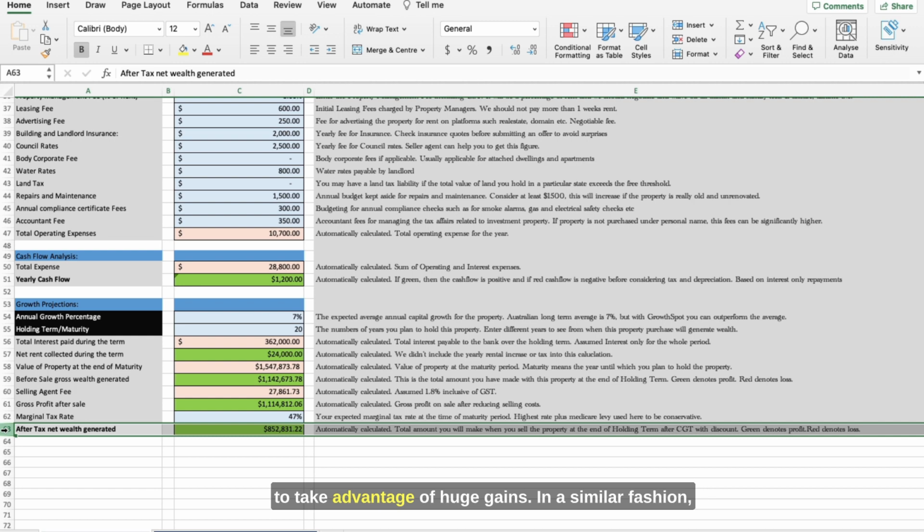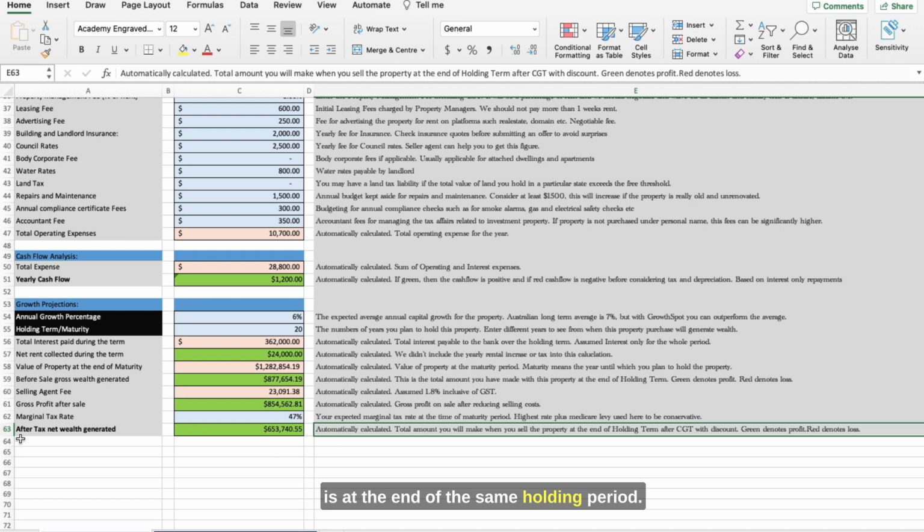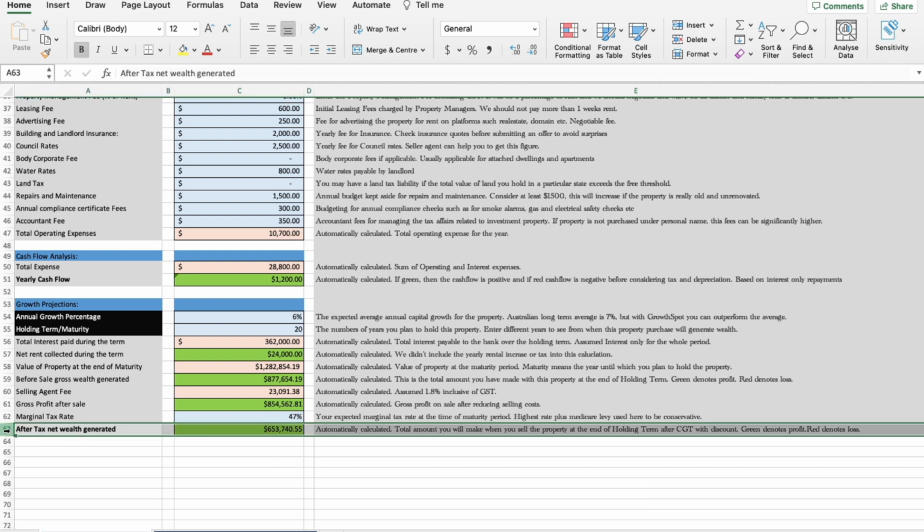In a similar fashion, you can reduce the annual growth percentage from 7% to 6% and see how much the reduction in net worth is at the end of the same holding period. As you can see, the net wealth generated has dropped significantly.